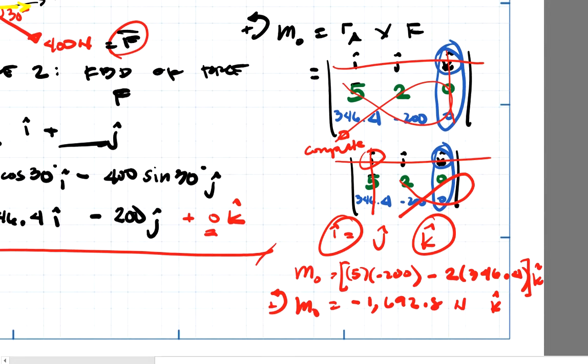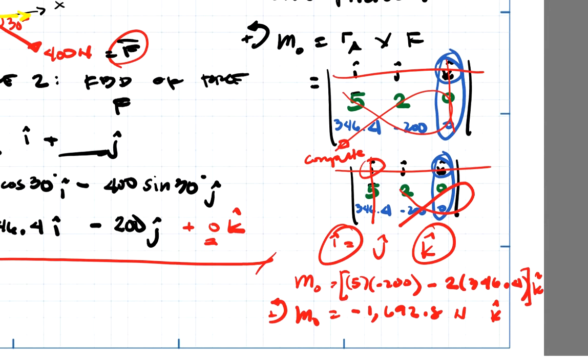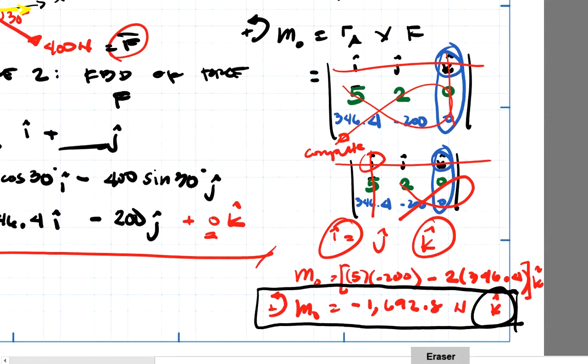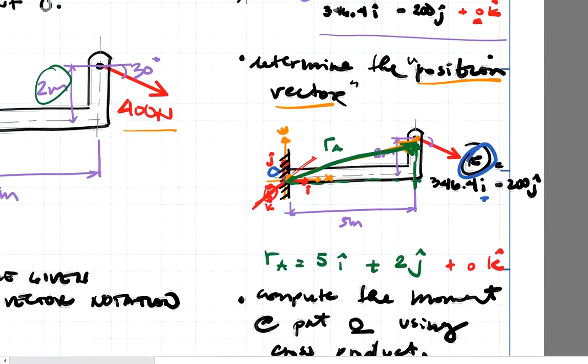So this is the moment in the K direction. It is correct that we only have the rotation effect in the K direction, or at the Z axis.